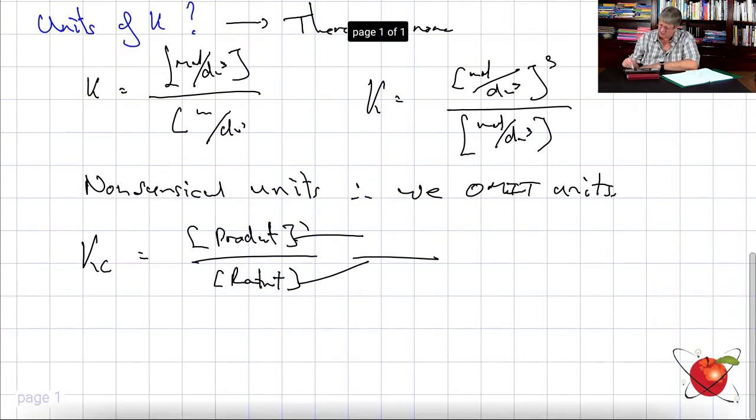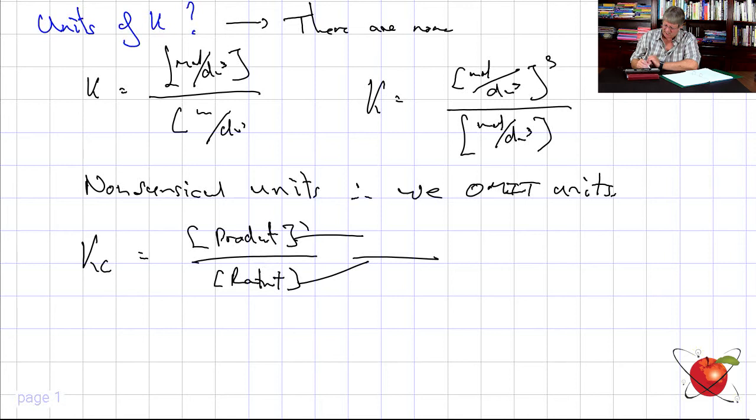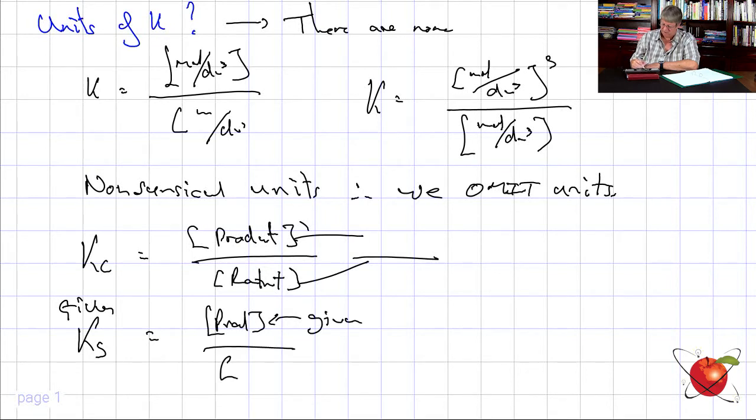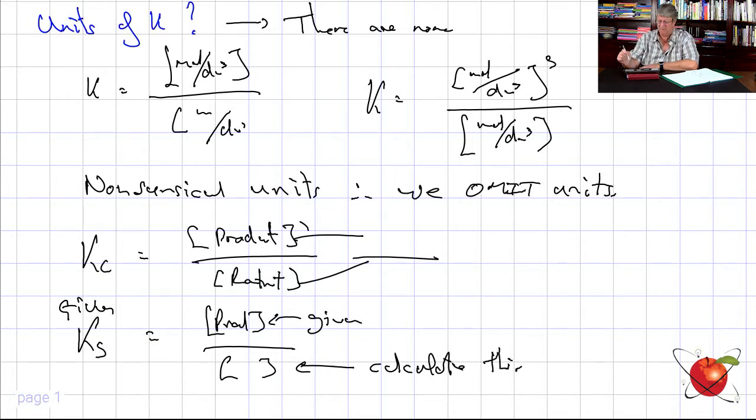Now, I do need at this point to say that if Kc is given and product is given, then you can calculate this, right? You can calculate that one. It's one missing.